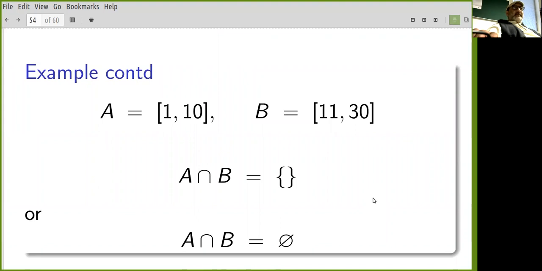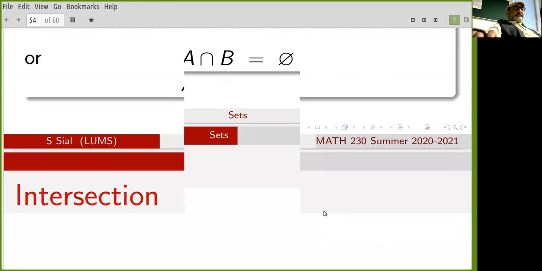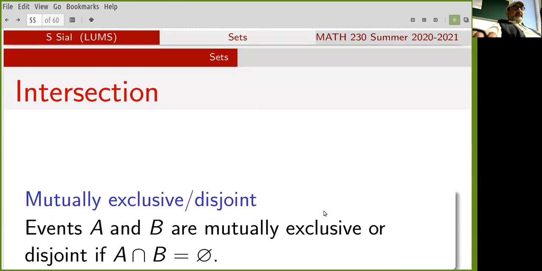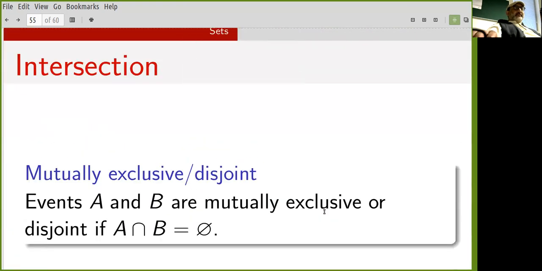Right, there is no element which is in both A and B at the same time. So in probability, for such events we use the term mutually exclusive or disjoint. Events A and B are mutually exclusive, or disjoint, if A intersection B is equal to the null set.